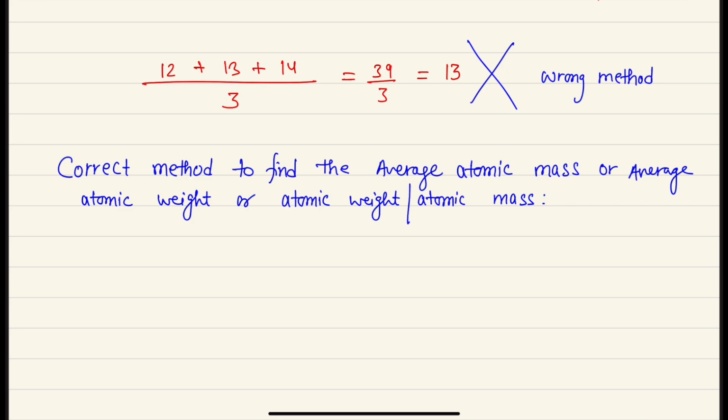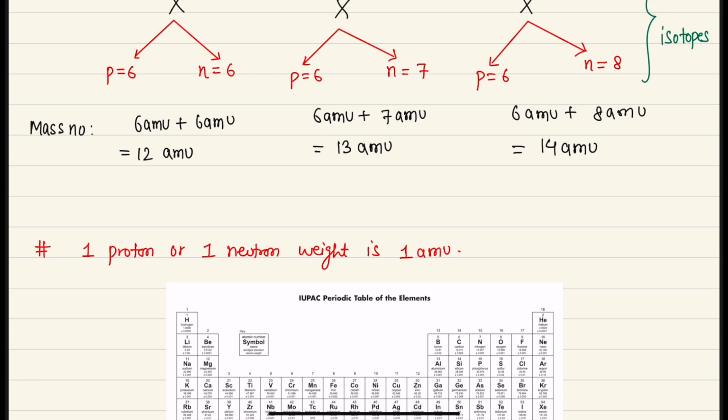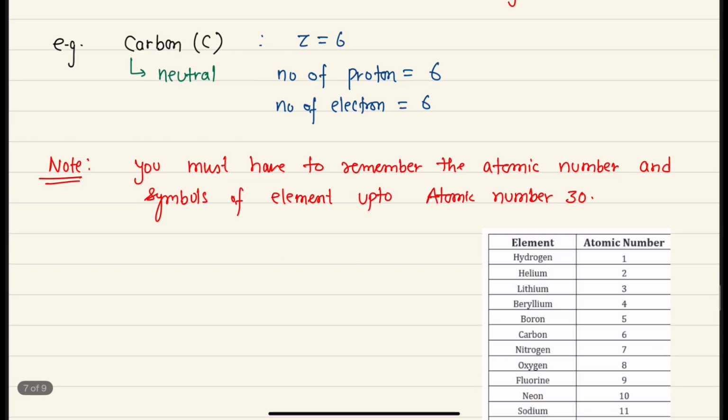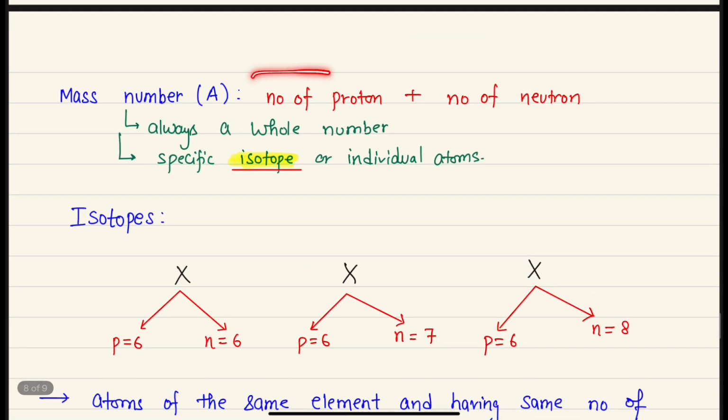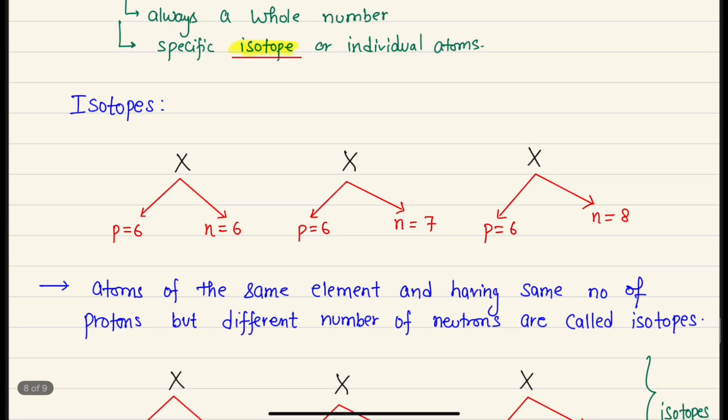See, first of all, let me clear you. There is lots of difference between the mass number and the atomic weight or atomic mass. First of all, mass number is simply the number of protons plus the number of neutrons. And mass number is valid only for a specific isotope, when we talk about an individual atom.